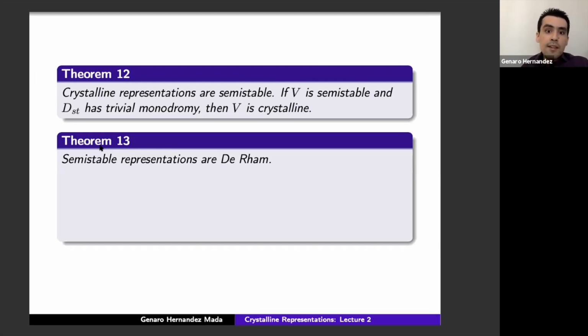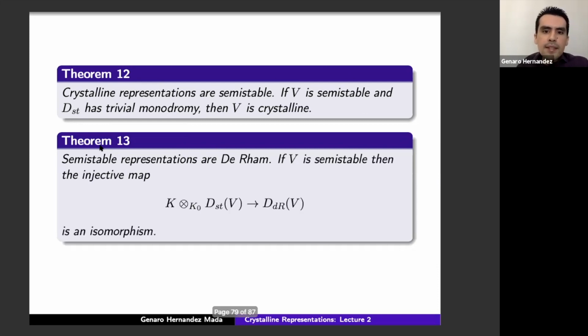So crystalline representations are semi-stable, and semi-stable representations are de Rham. In the case of B being semi-stable, the injective map that we have here is an isomorphism. So actually the Dieudonné module in the semi-stable case behaves like this.